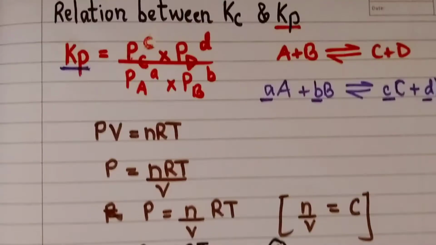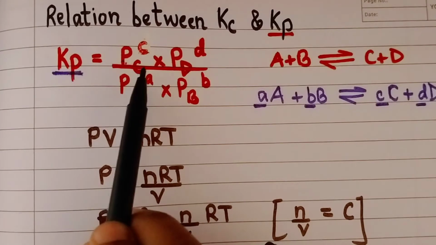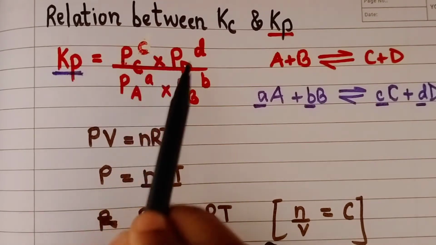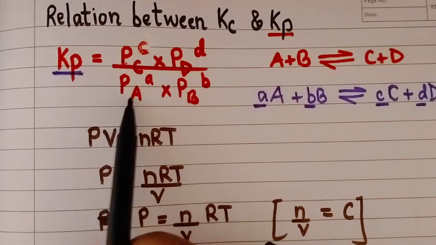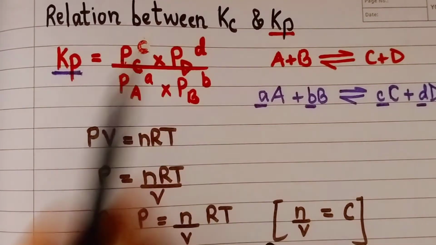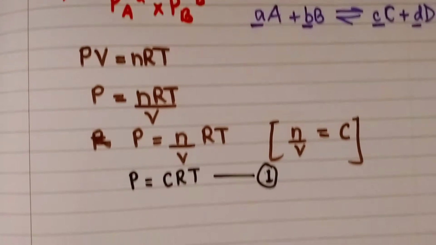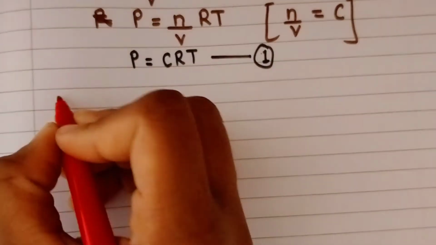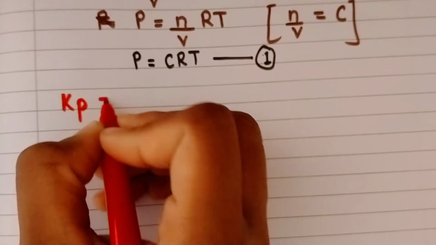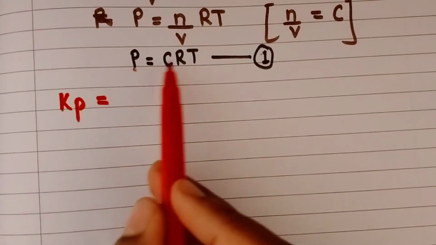Now let's go back to our equation. Kp is equal to pressure of C raised to c into pressure of D raised to d, meaning their coefficients, and divided by pressure of A into pressure of B raised to their coefficients. In the next step, I told you pressure is CRT.